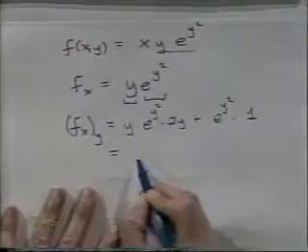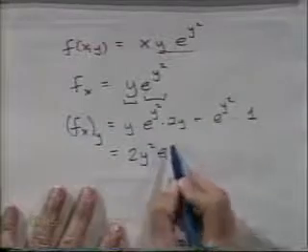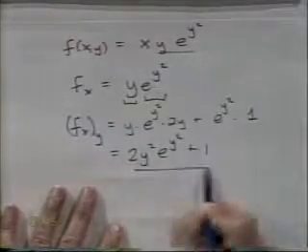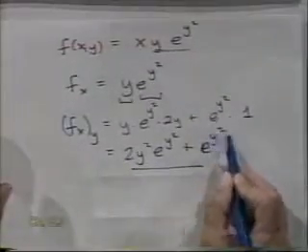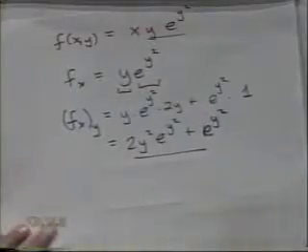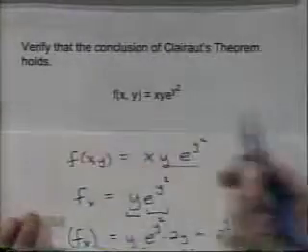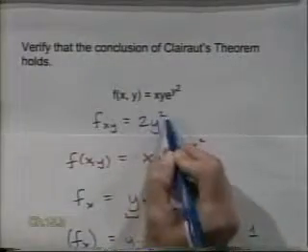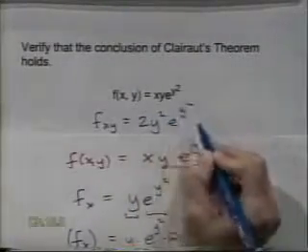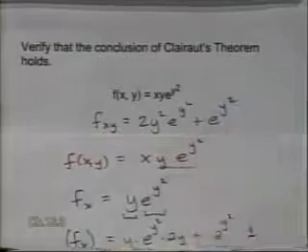So it looks like I get 2y squared e to the y squared plus, excuse me, plus e to the y squared. I'm thinking of factoring out the e to the y squared, but not necessary. So I have fxy equals 2y squared e to the y squared plus e to the y squared. Okay, that is what I got.